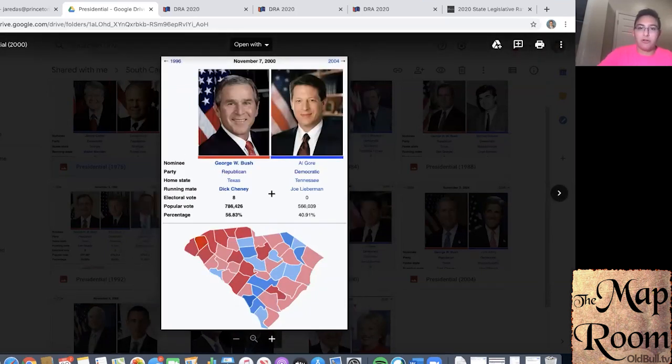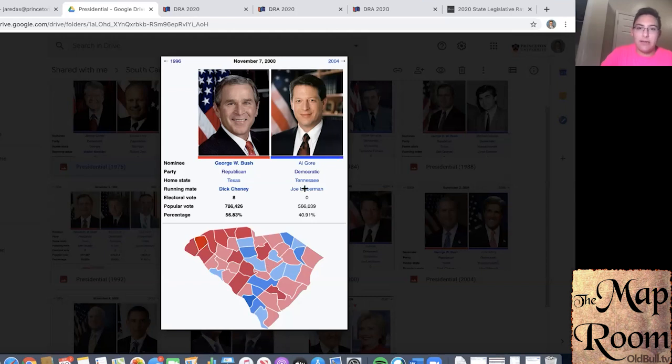2000, with George W. Bush's victory, is where we really start to see Democrats hitting a ceiling in the state. You can see here that Al Gore was only able to garner 41% of the vote here, winning a smattering of counties, as I said, around Columbia and Orangeburg and Florence and other predominantly African-American areas.